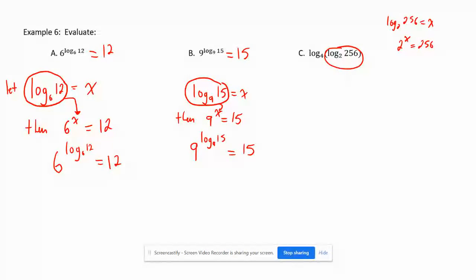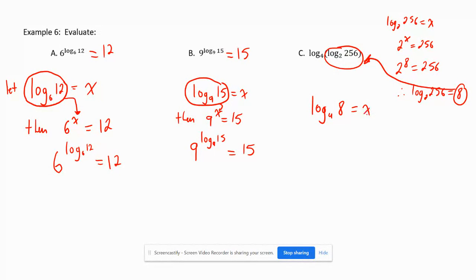Play around with the calculator a bit, but you're going to find that 2 to the power of 8 equals 256. Therefore, log base 2 of 256 is equal to 8. So this 8 can replace this expression, and we're left with log base 4 of 8.